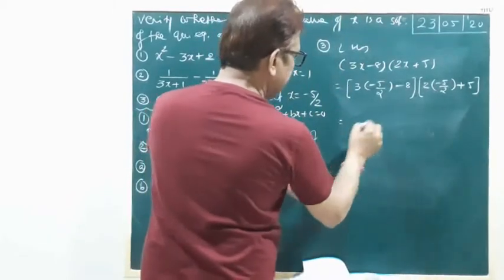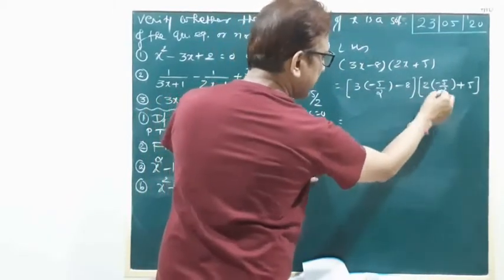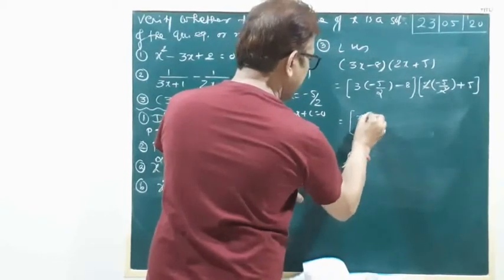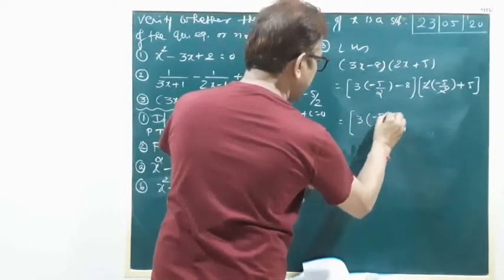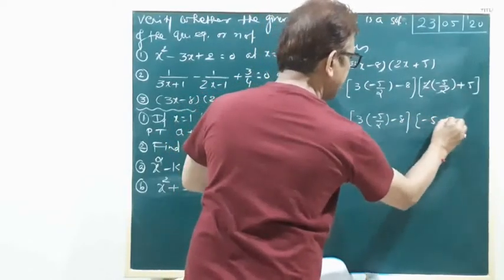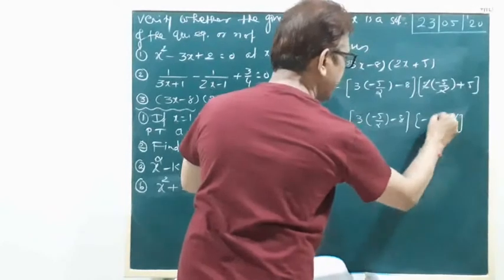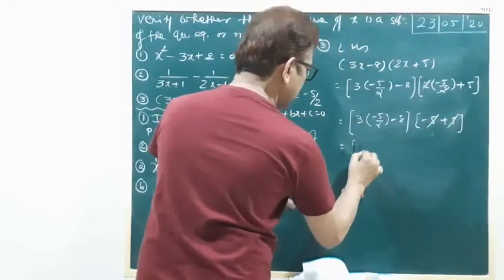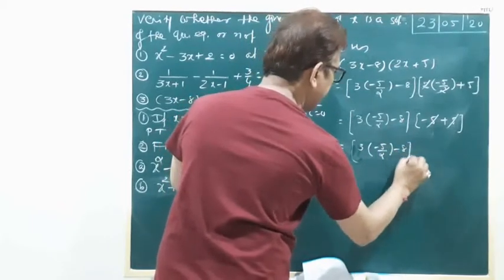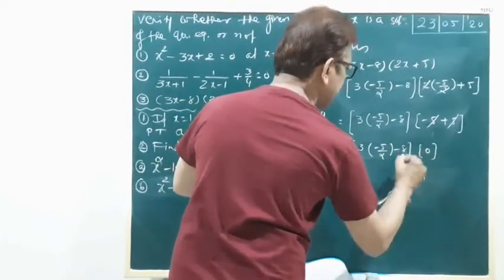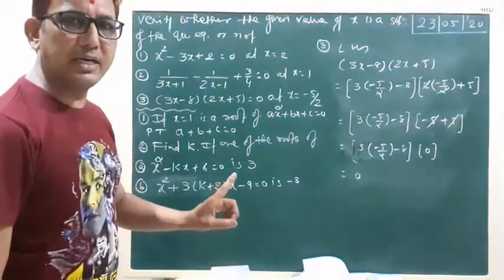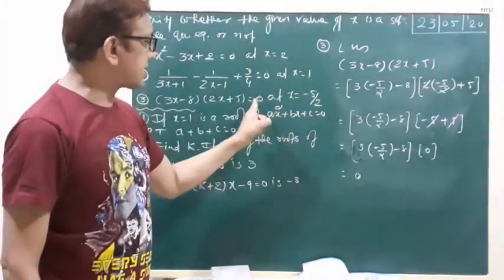Here we simplify only this bracket because the 2 cancels. Here 3 into minus 5 by 2 minus 8 as it is, and here minus 5 plus 5 gives 0. So 3 into minus 5 by 2 minus 8, and 0. 0 into any number equals 0. Clear?